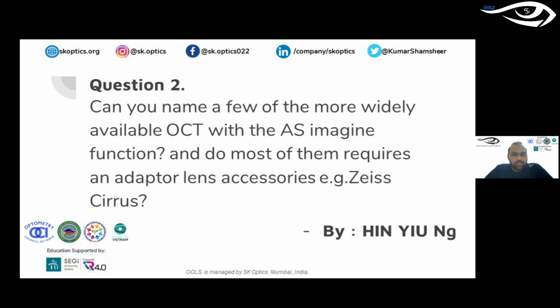So in that case, I have heard of using an adapter lens, but I'm not too sure if the other OCT instruments that I've mentioned use adapter lenses in order to acquire the image. Okay, I think that answers that question very well.